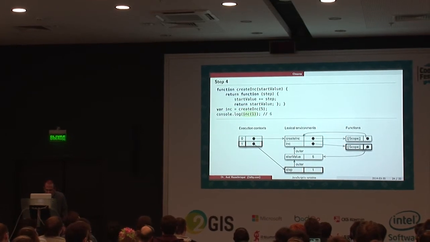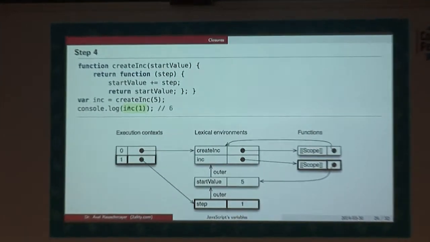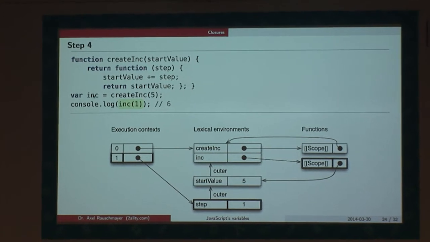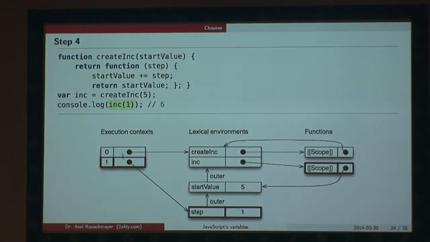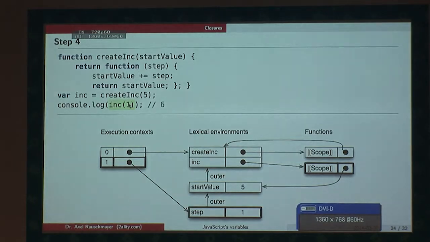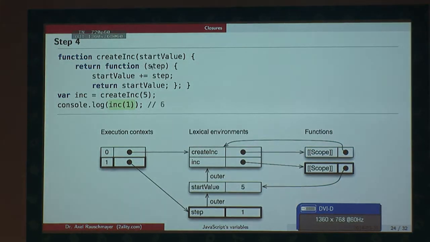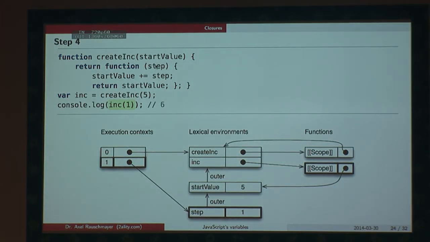Okay, next step. Now we call inc up here, and again we have the stack. Something new is pushed onto the stack, and we call inc, the actual function is up here. We call it with the parameter 1, which means that a new environment is created for this function up here, and the value of step is 1.